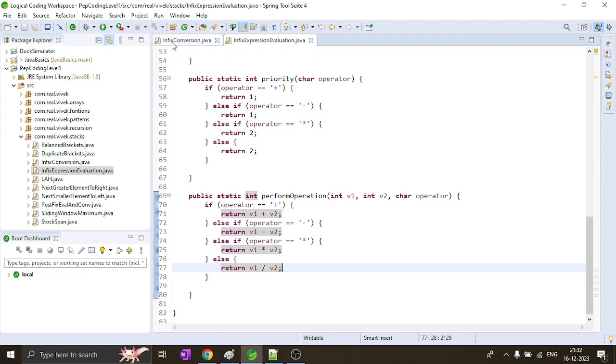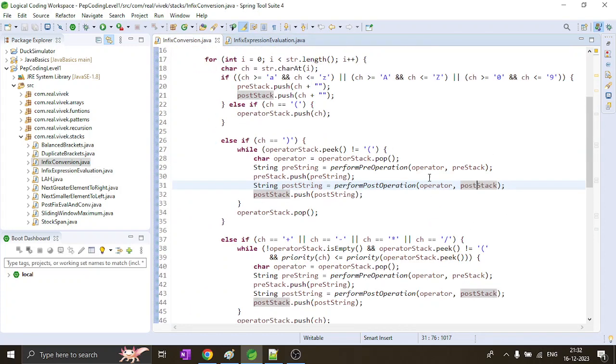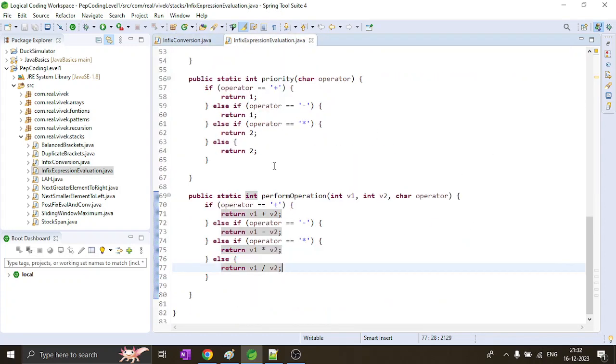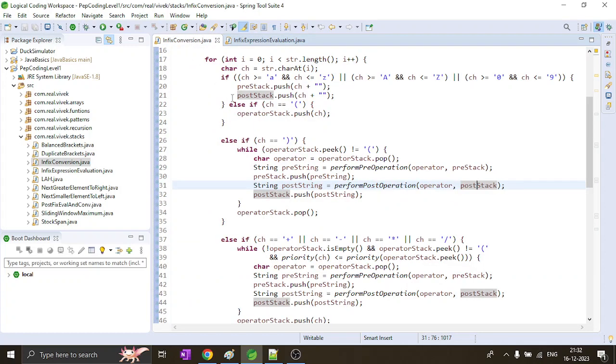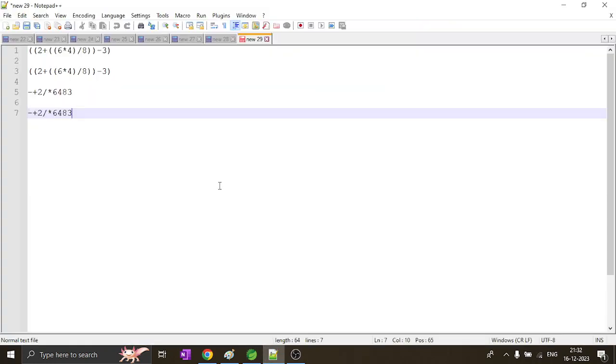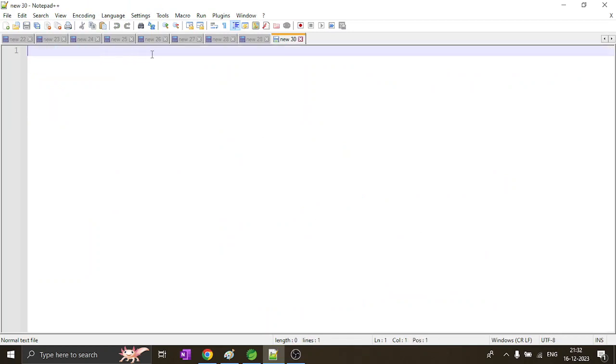In the infix conversion problem, instead of performing the evaluation, we had two methods. So let's understand what prefix expressions are. An infix expression is something like this, which is understandable to humans, like I said.